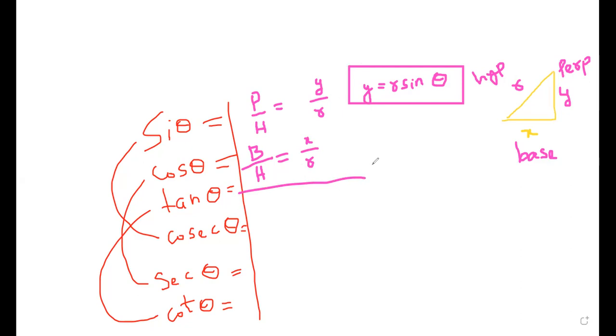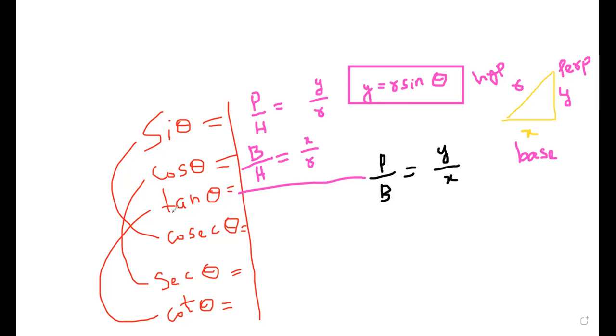Tan theta will be equal to perpendicular P over base B. P is equal to y and base is equal to x. So you can write tan theta is equal to y over x.